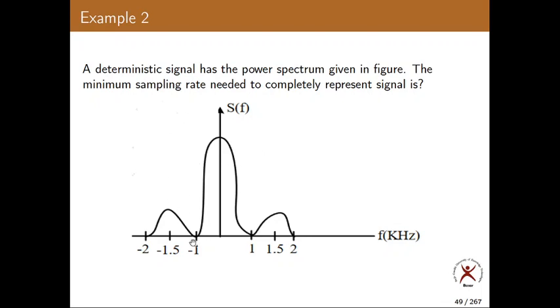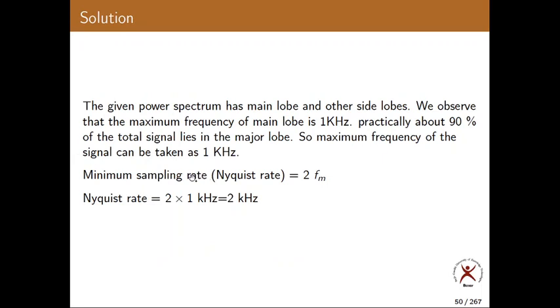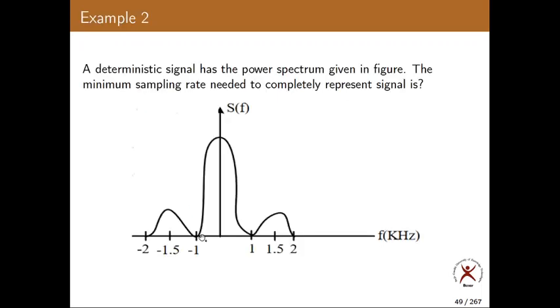Okay. Now, but what is FM? That is nothing but the maximum frequency component of your given analog signal or continuous time signal. So what happens here? Now here this is something like the sinc function. So it is called main lobe and they are called side lobes. In these scenarios, what we take here is, what is the maximum frequency of the main lobe?